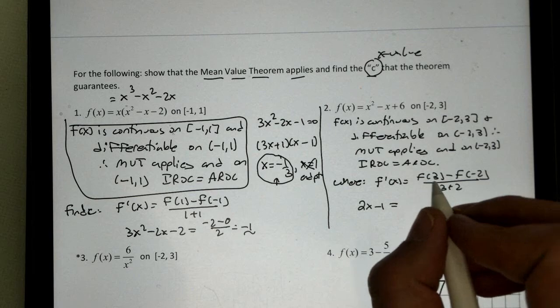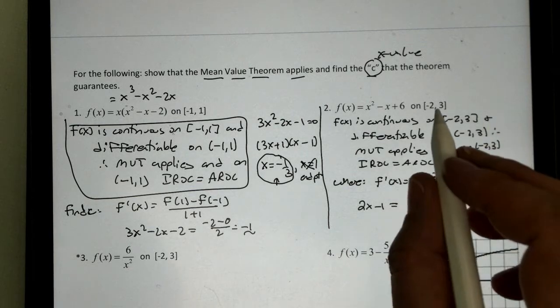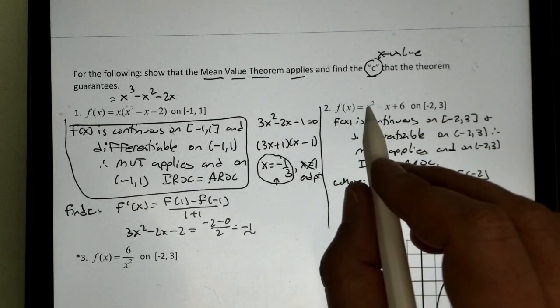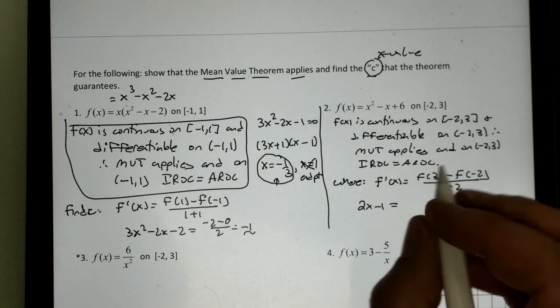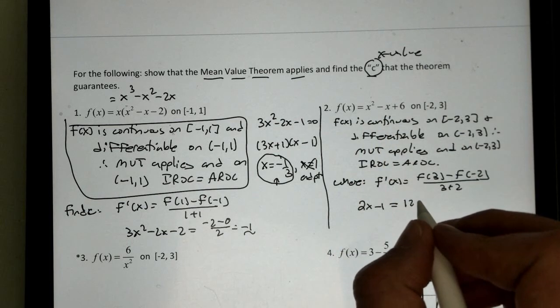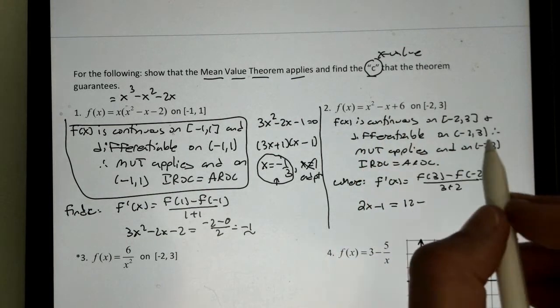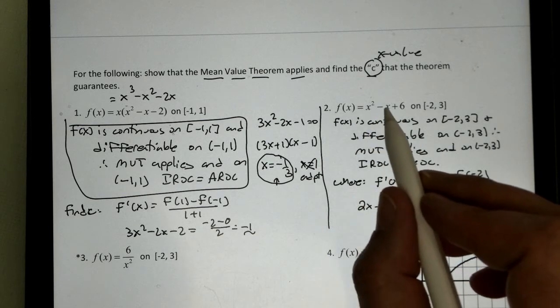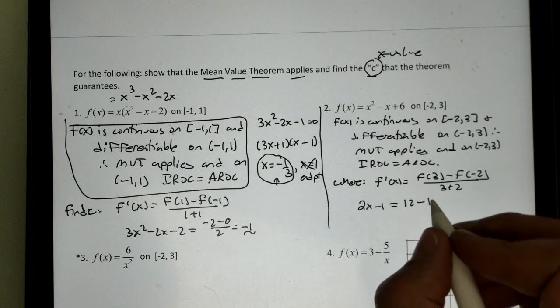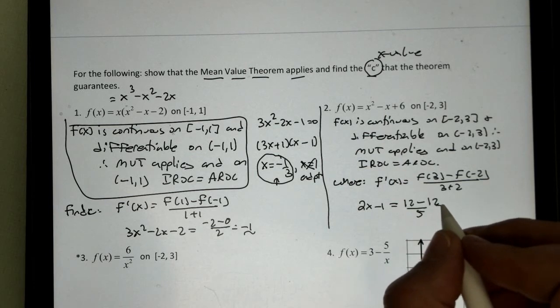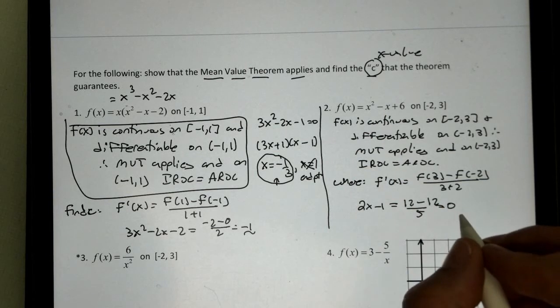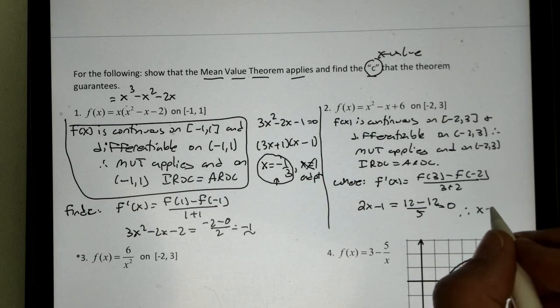That's going to equal, do some math here, plug in 3. We get 9 minus 3, which is 6, plus 6 is 12. Minus, plug in a negative 2, we get 4 plus 2, which is 6, plus 6, which is 12. Oh, this is nice, over 5. And that's just 0. And if I solve that, we just get x equals 1/2.